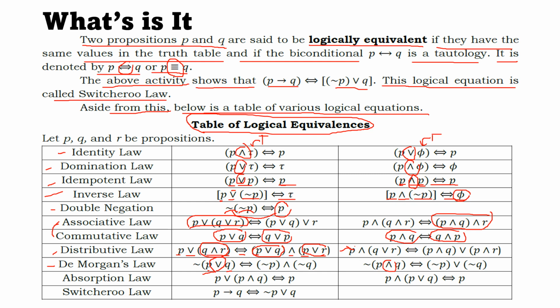Now for the absorption law, here there's P disjunction (P conjunction Q) which is equivalent to P, and P conjunction (P disjunction Q) which is equivalent to P. The absorption law states that x plus xy is equal to x, using simpler variables to represent it, and the truth table proves that x plus xy is equal to x.